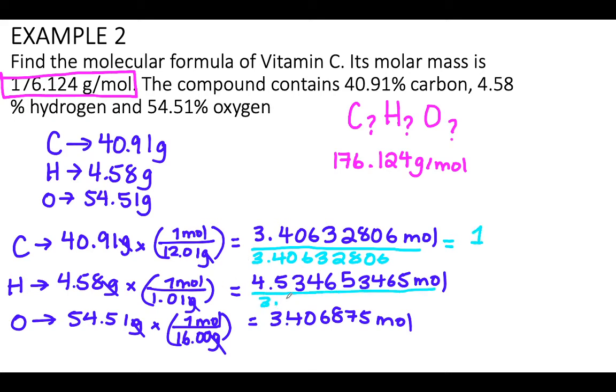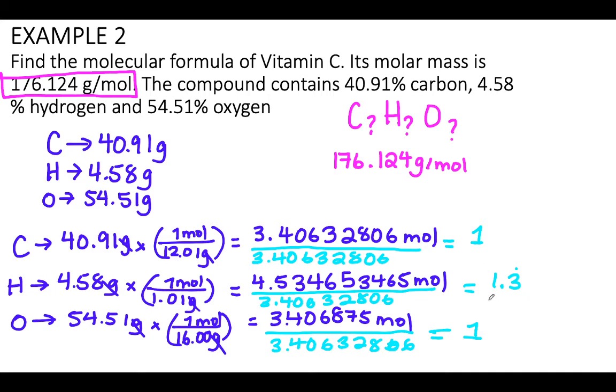If I divide this number, 4.5, by the lowest of all three, I get 1.3, with the 3 repeated over and over again. And then if I do this, I'll get a number that's close enough to 1.